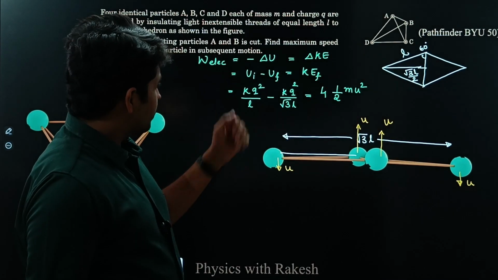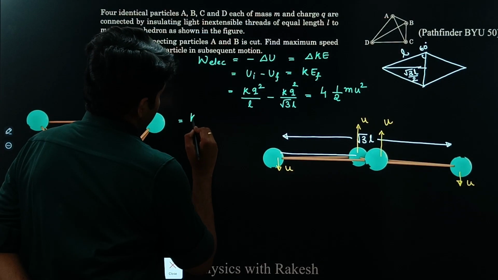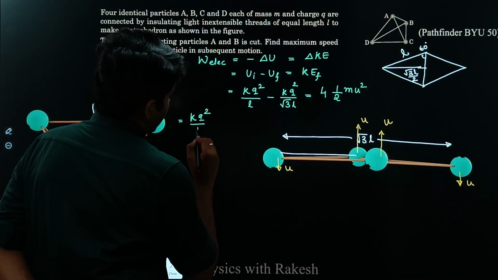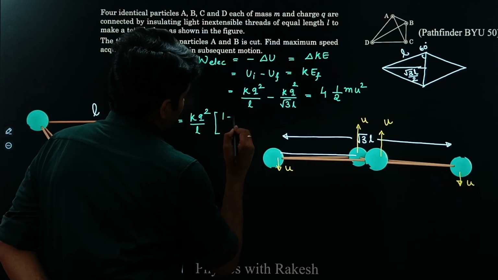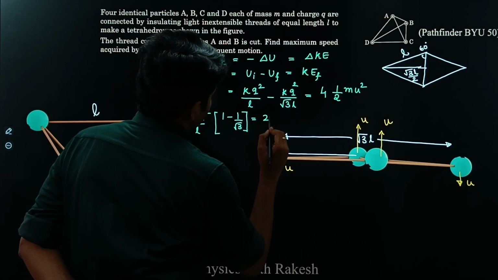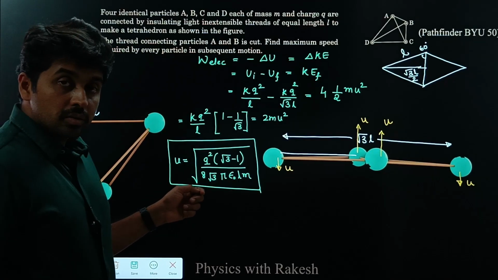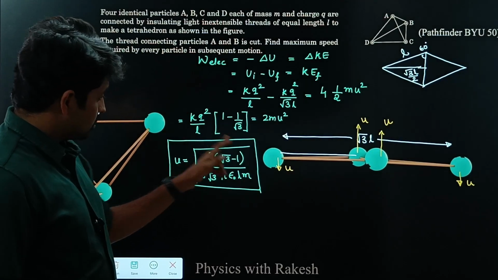Now we can just simplify. We get kq squared by L into (1 minus 1 by root 3) equal to 2 m u squared. So simplifying, we get u as this answer.